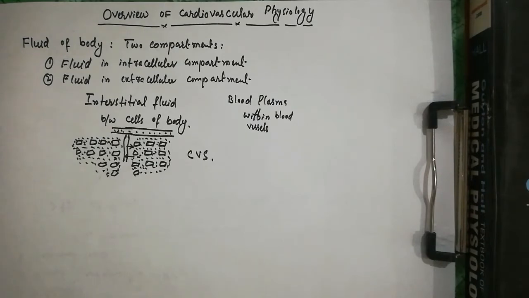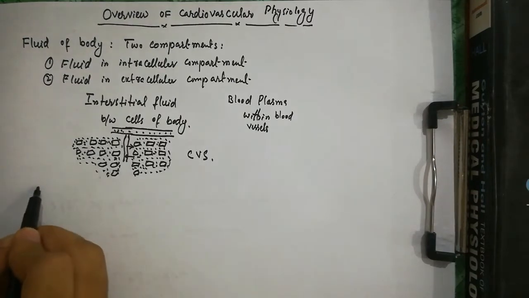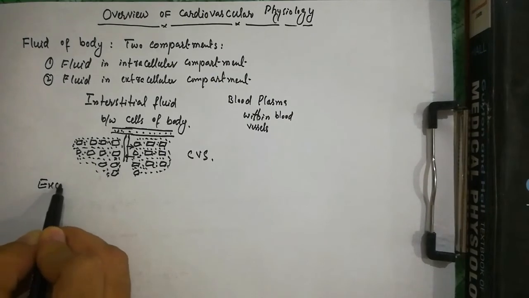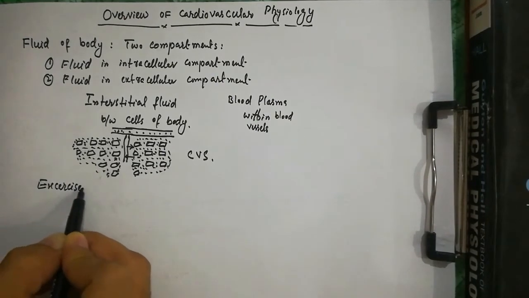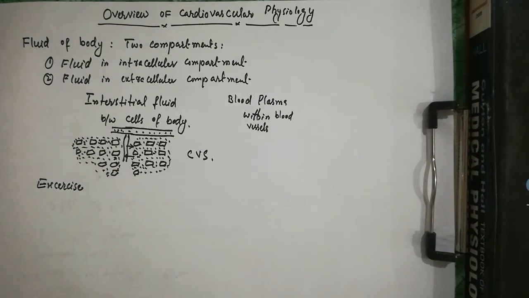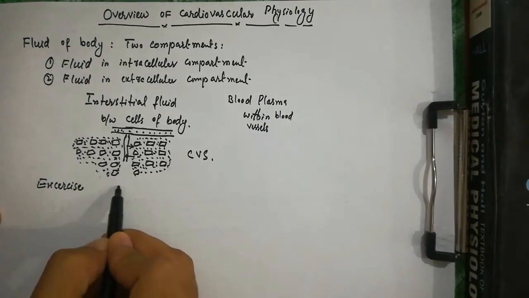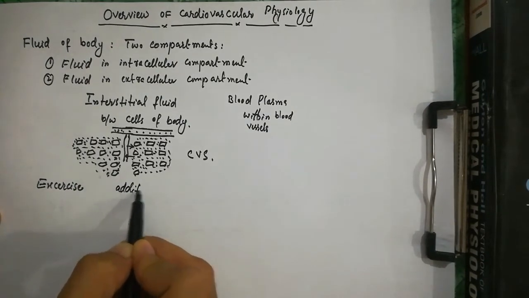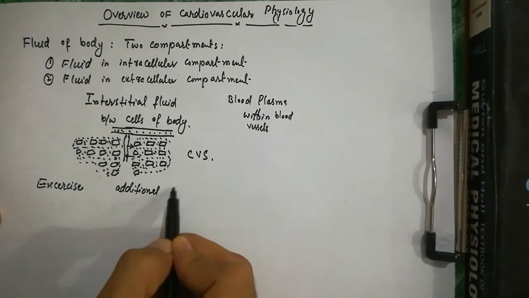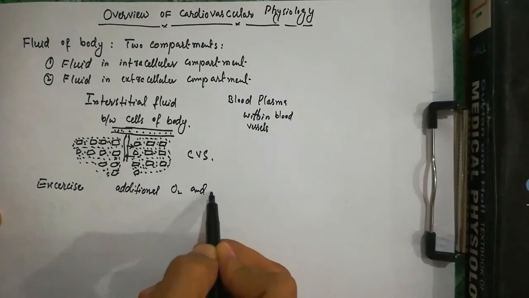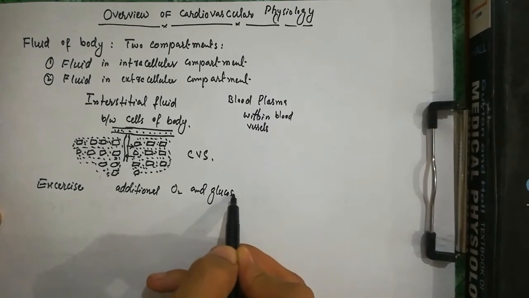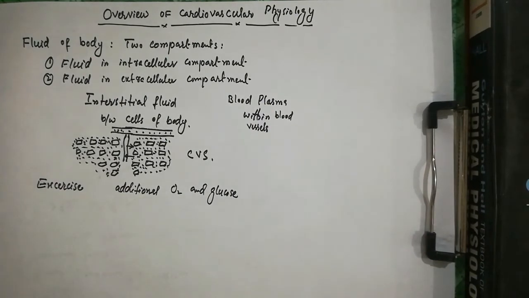In conditions in which the demand of cells changes, for example, when a person begins to exercise, there is demand for additional oxygen and glucose for contracting muscle.